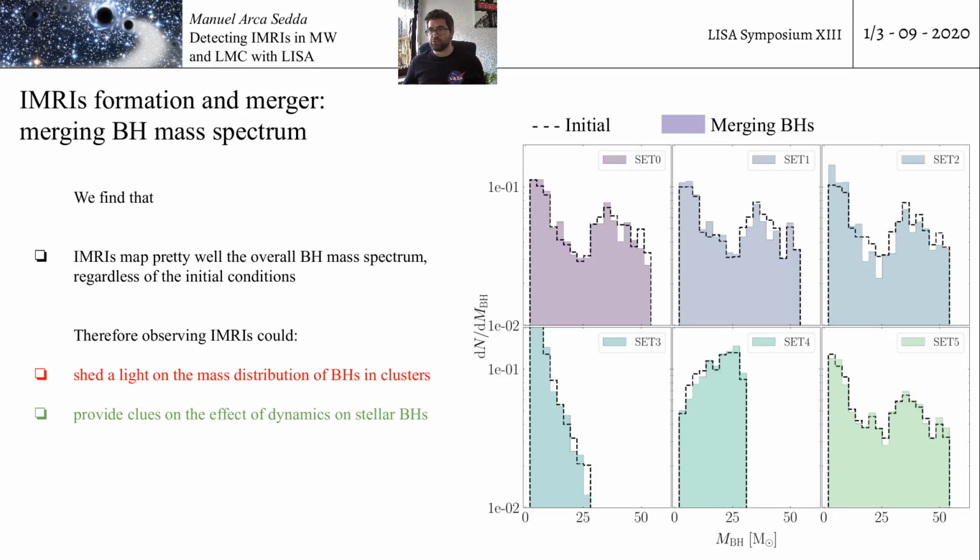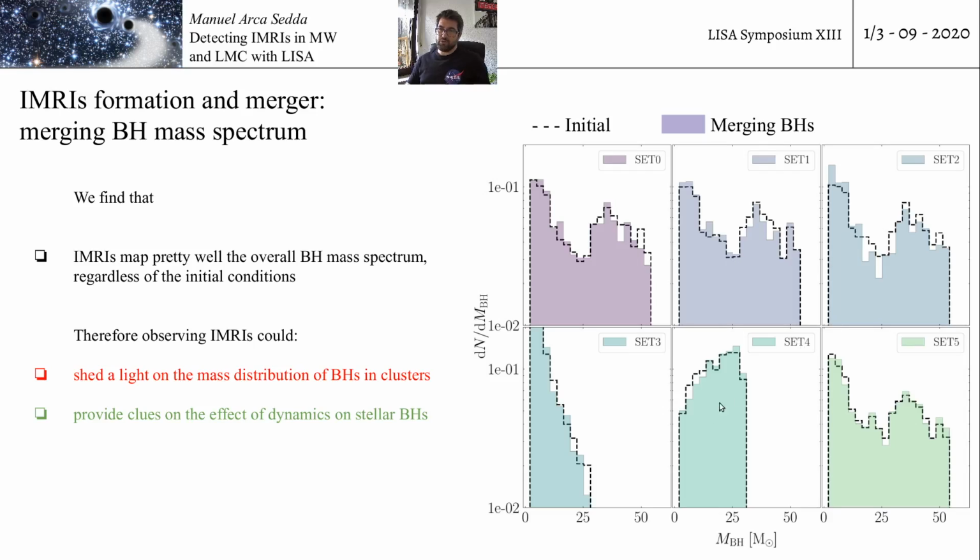What I'm showing in this series of panels is the mass distribution of merging black holes in field steps, and overlaid to that I'm showing the initial adopted stellar mass distribution.